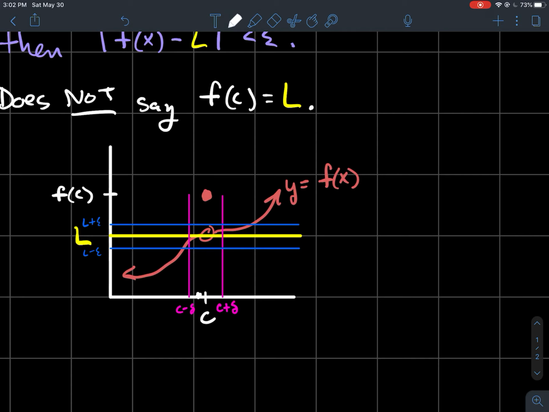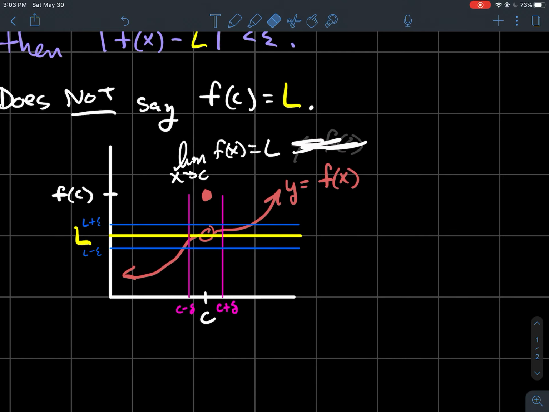And what I want you to notice is what's the actual value of this function at c? Well, the value of the function at c is definitely not inside that blue window. So this is an example where the limit as x goes to c of f of x is equal to L, that's fine and dandy, but that's not equal to f of c. That's what I want you to see here.